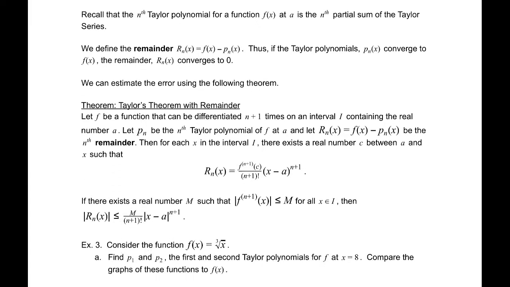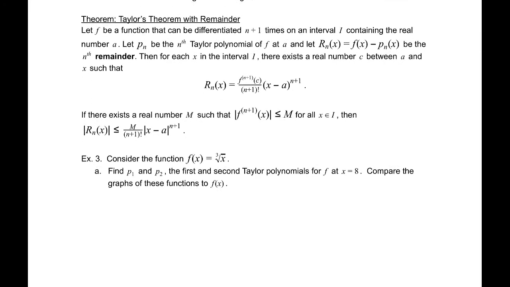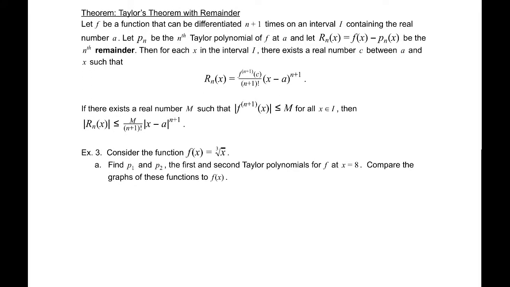All right, so consider the function f of x equal to the cube root of x. Find P1 and P2, the first and second Taylor polynomials, at x equals 8. And then we'll compare the graphs of those to the function that we have. F of x equals x to the 1/3. So f of 8 is 2.